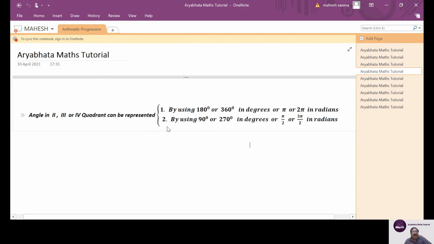And second, by using 90 degree or 270 degree in degrees, or pi by 2 or 3 pi by 2 in radians. There are two methods. Number one this, number two this.